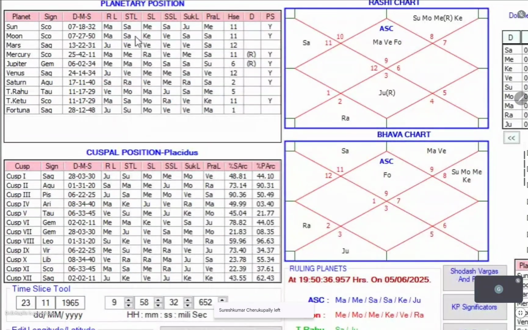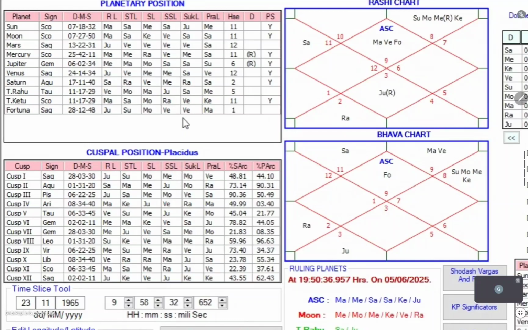So if you look at the planets so far that we have discussed, Saturn is one, Moon is the other, Jupiter is the third one, Ketu is the fourth one, right? Apart from this, now Saturn is in the star of Rahu, we can keep Rahu here. It is in the sub of Venus, we can keep Venus here. It is in the sub-sub of Mercury, we can keep Mercury here.